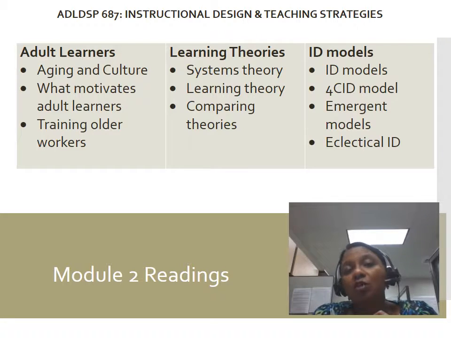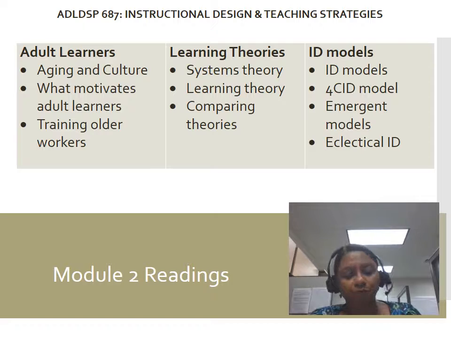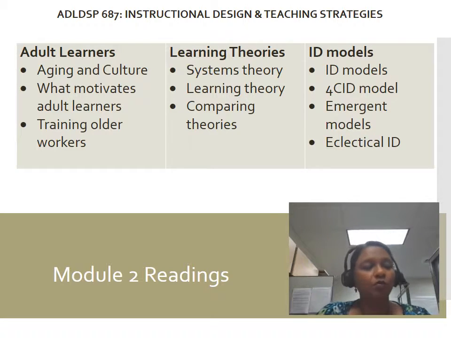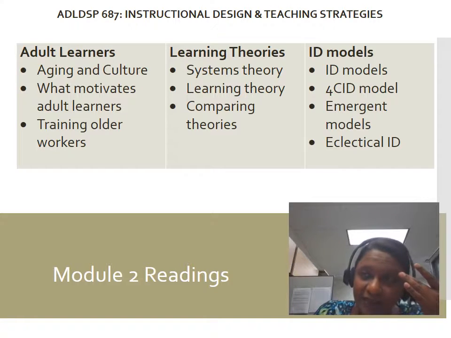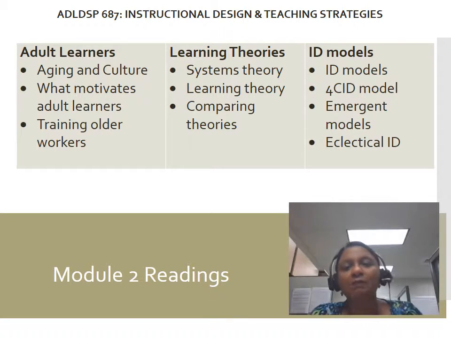It is not exhaustive by any means, but it gives you an idea of the more established ID models. So we look at ADDIE, and I think we have the Dick and Carey model. We have SAM, rapid prototyping, and it gives you a brief look at those models.